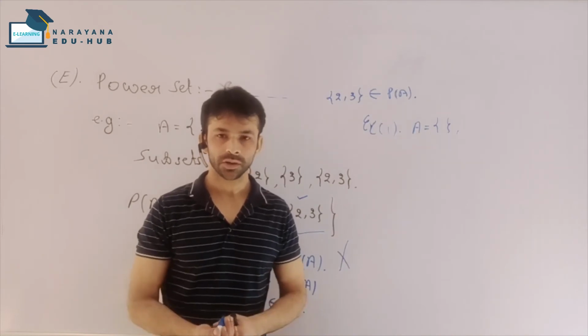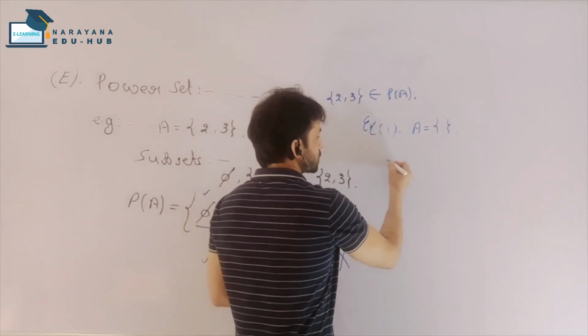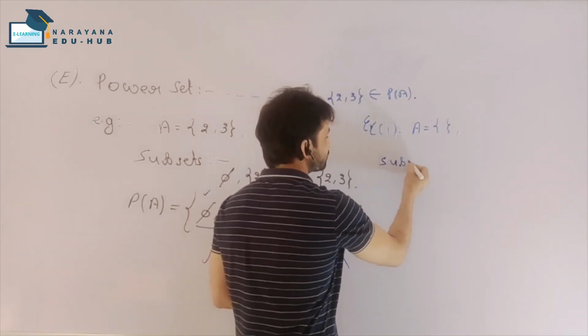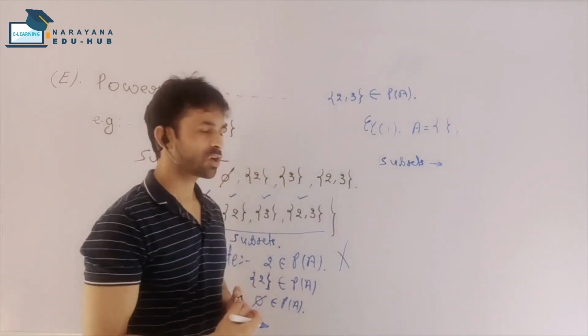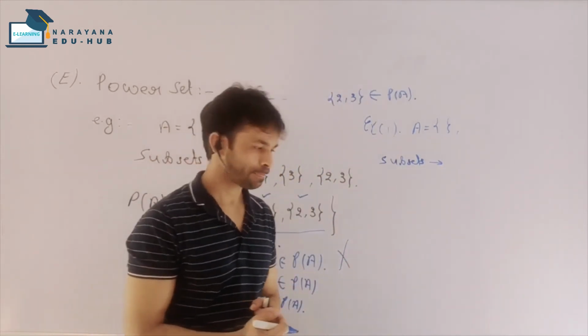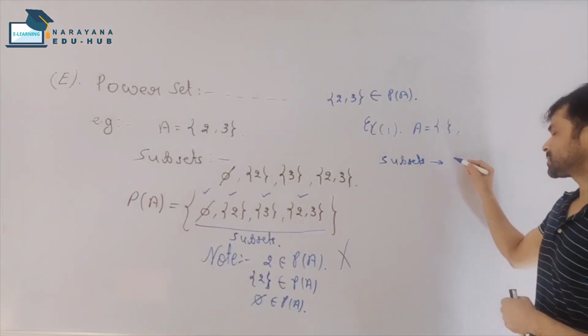Okay, so I think you have written. So now check. What will be the subsets? Just this set, phi.